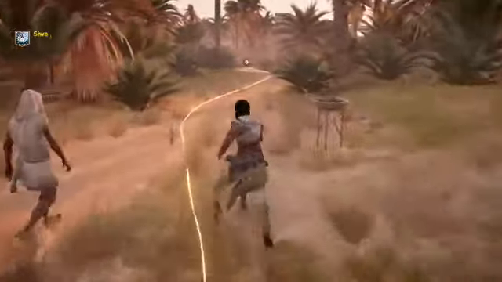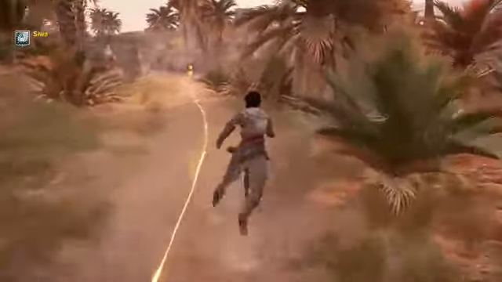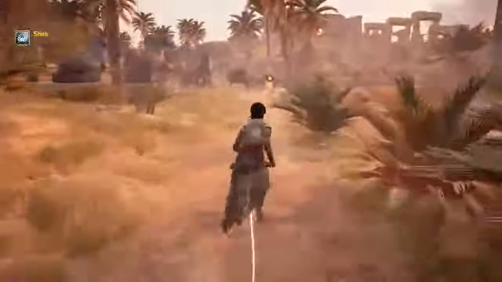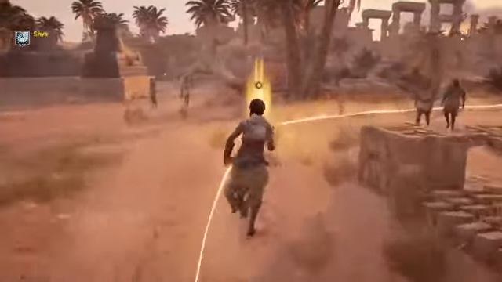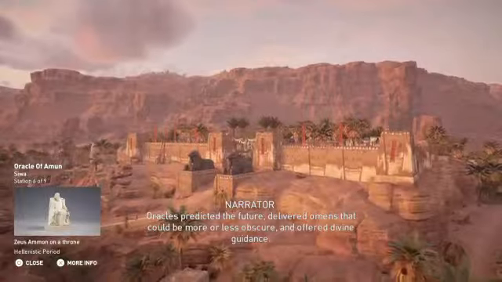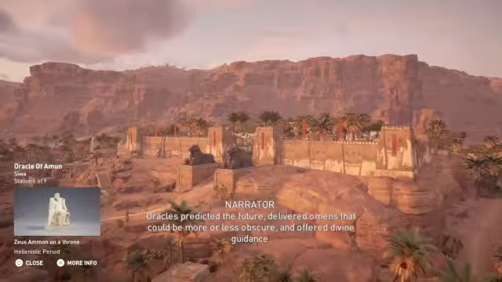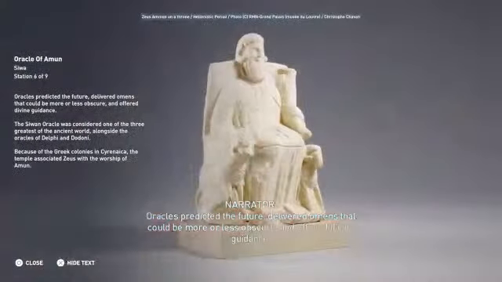And, yeah, so we're going to keep going and go to this next area here, right in front of us. Oracles predicted the future, delivered omens that could be more or less obscure, and offered divine guidance.